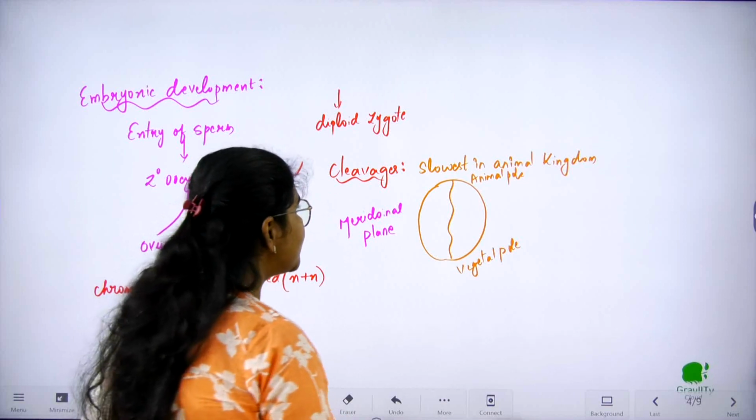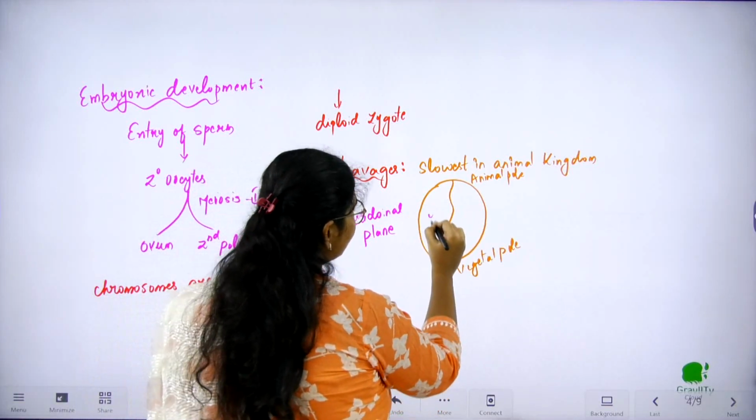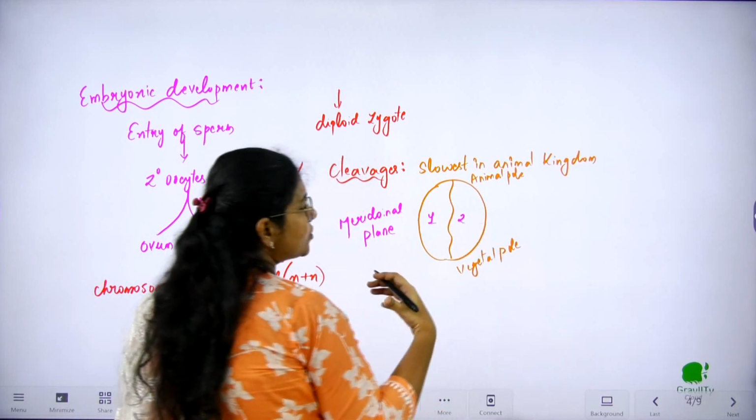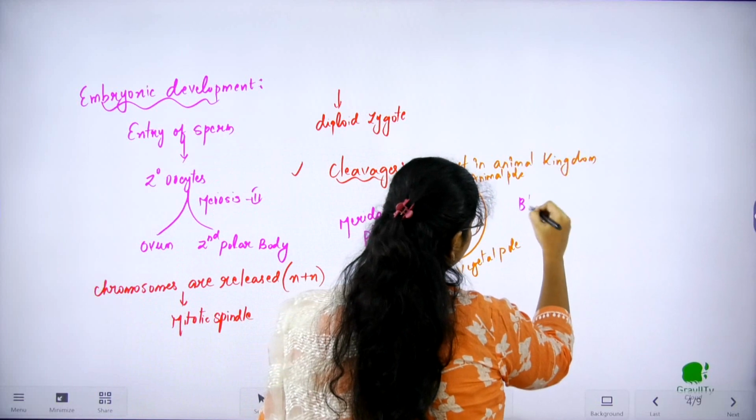It is passing exactly through the center. This is going to result in two cells, which we call blastomeres. So the first cells of the zygote are called blastomeres.